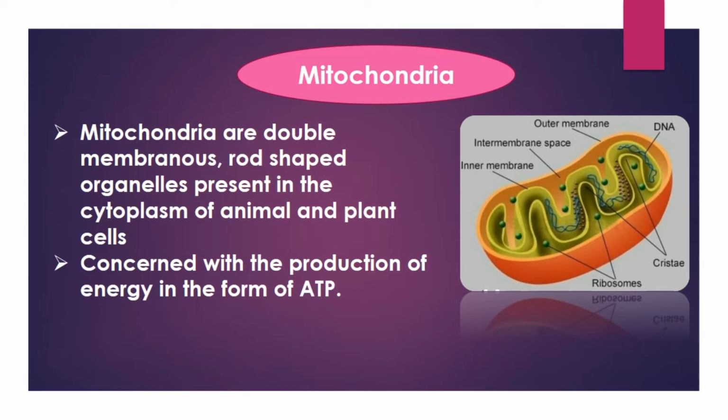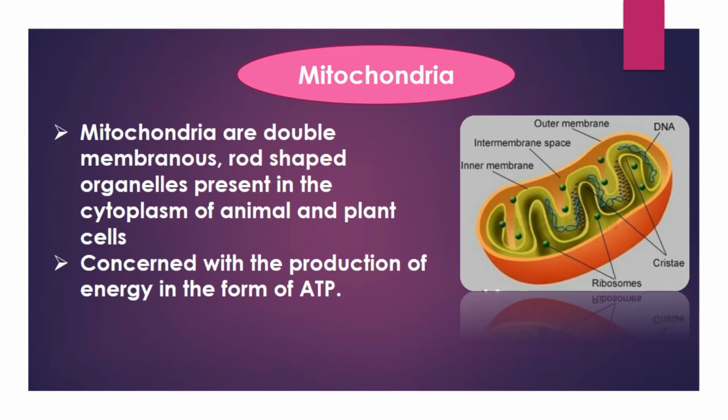You know that in our body, energy is produced by the process of respiration, during which glucose combines with oxygen and energy is released. Energy is released in the form of a chemical compound called adenosine triphosphate or ATP. This part of respiration takes place in all cells.